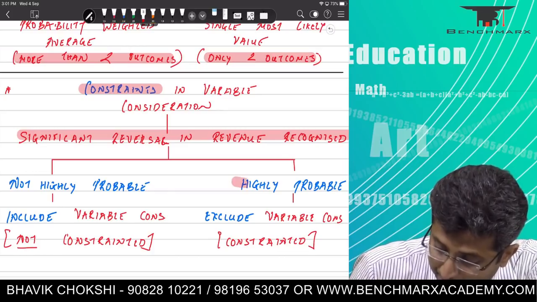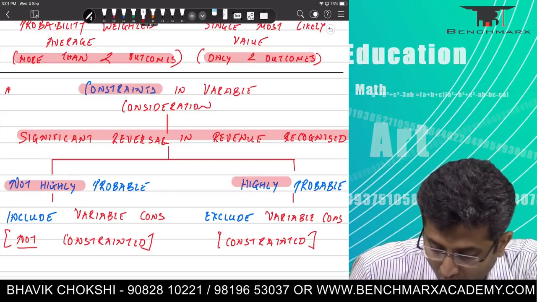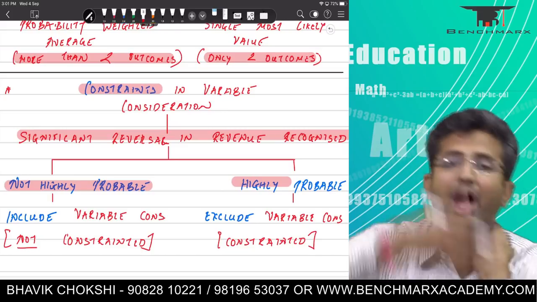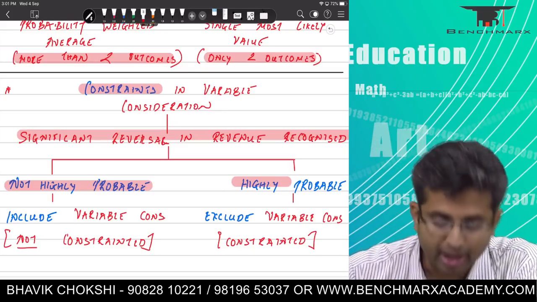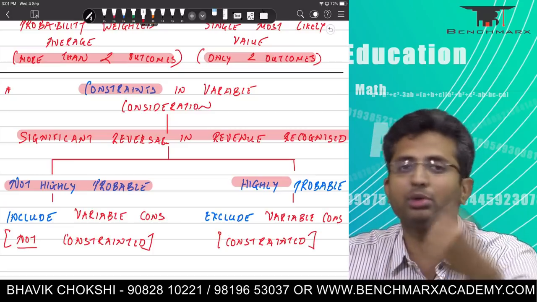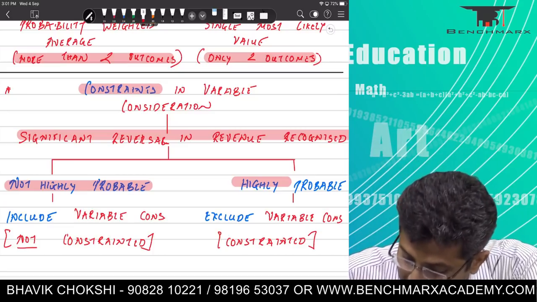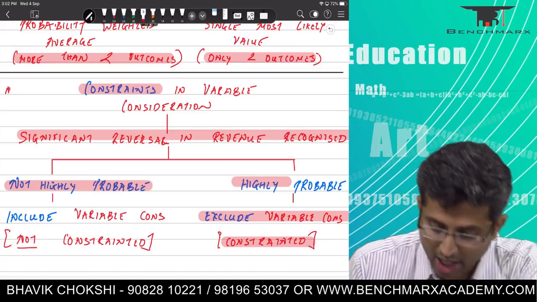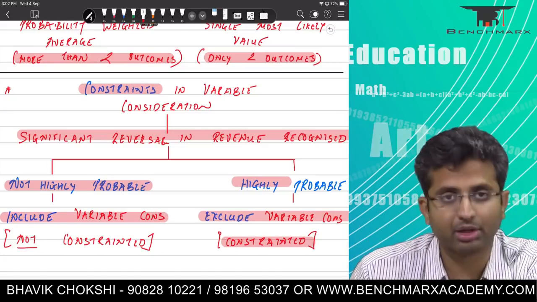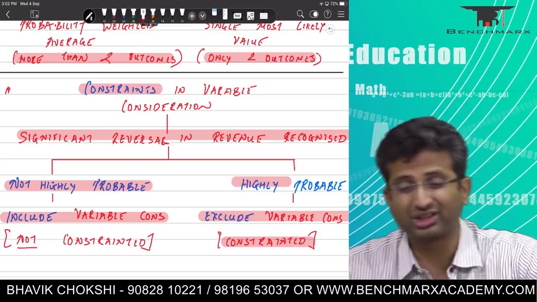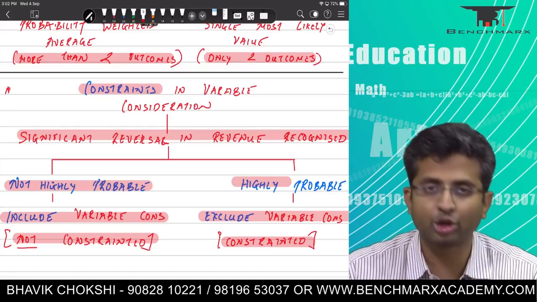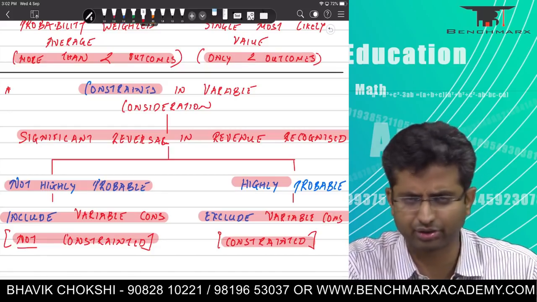Is it highly probable or is it not highly probable? If it is highly probable that you have recognized revenue now and you'll have to reverse it later, then you don't recognize revenue now for variable consideration in the first place. Exclude variable consideration. That means it is constrained. If you think that we can include the variable consideration, we don't think that there will be a reversal in the future, then it is not constrained. You will include the variable consideration as a part of the transaction price.